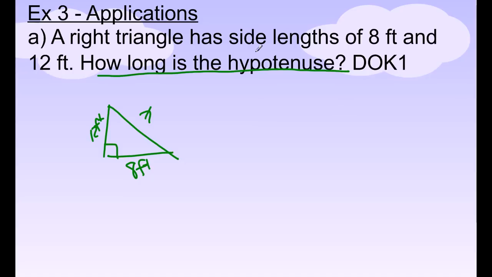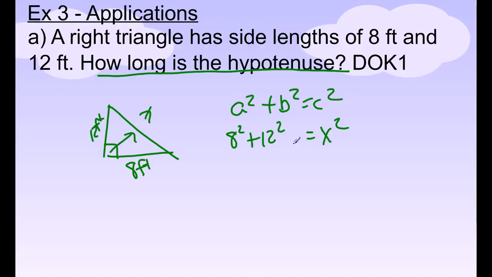So, Pythagorean theorem this thing. A squared plus b squared equals c squared. My missing side is my x, so I can throw the x in there. And the two legs go for the a and the b. 8 squared plus 12 squared equals x squared. Can't do anything with this yet.